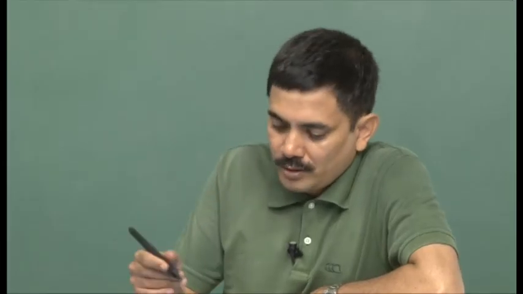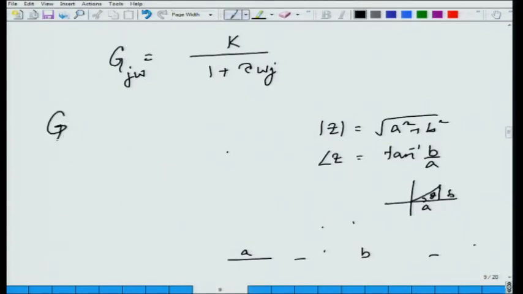What do we do? Okay, so G(jω) will be equal to K divided by... K remains K, and I can replace this complex number by the magnitude of this guy. The magnitude of the denominator is going to be the square root of 1 plus τ²ω², and the angle of this guy will be e to the power tan inverse of imaginary part by real part.